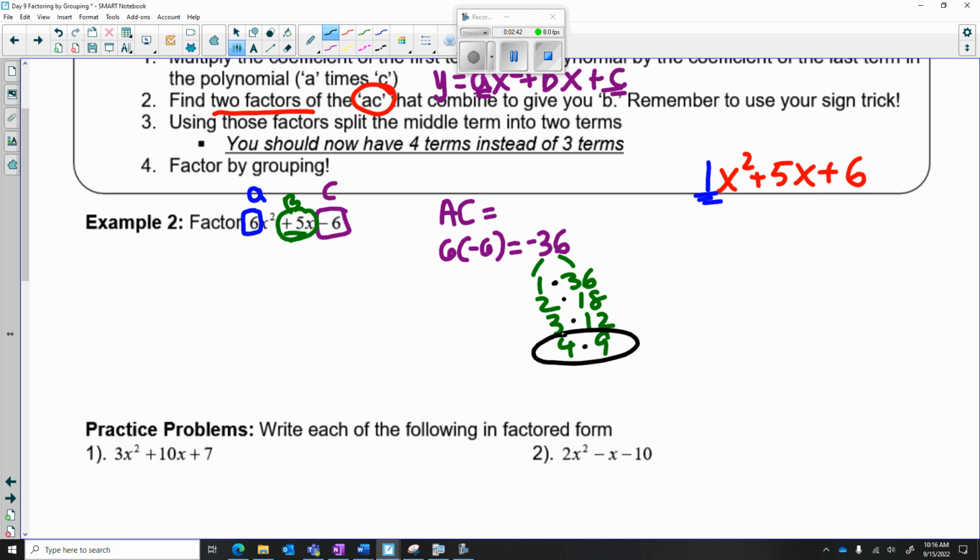So 9 is bigger than 4, so 9 gets the middle sign. The sign on the B is positive 5. I want to add up to positive 5x eventually. So I'm going to do positive 9 and negative 4. The bigger number gets the middle sign.